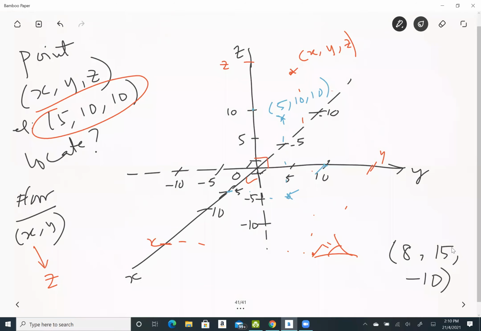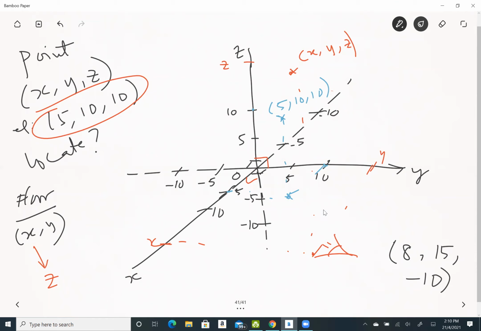The point was 8, 15, 10. Zaidatul, you get the point? Not yet. Who has got it? Just say.